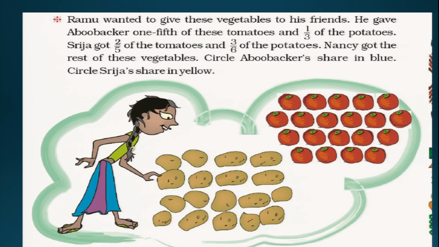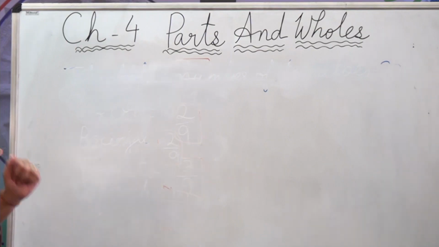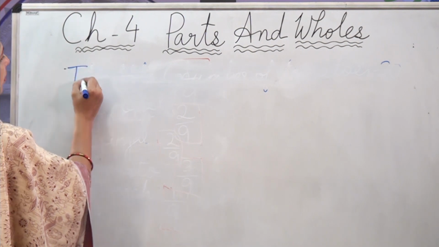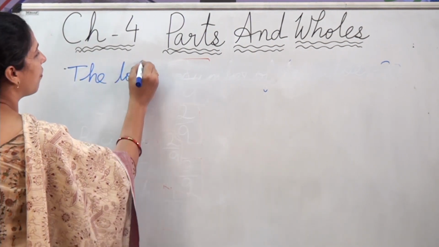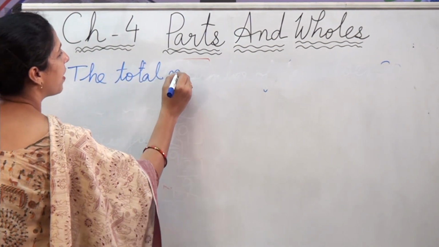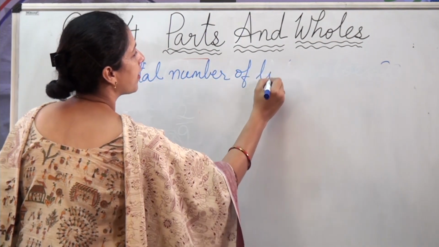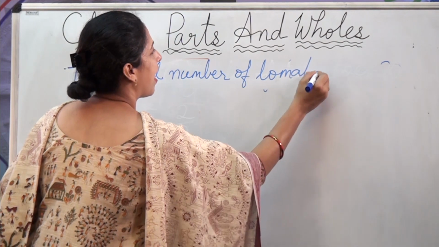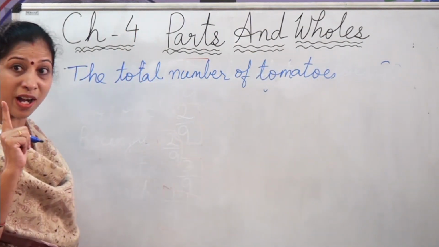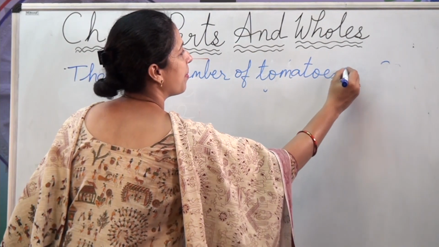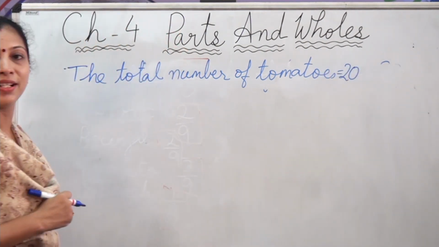So let me just write down the total number of tomatoes. I think you must have finished counting. So the total number of tomatoes is 20.